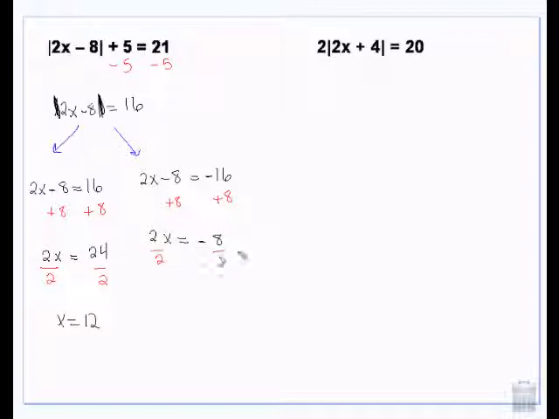Divide by 2, x equals negative 4. So you see I'm doing the same steps on both, but because of the difference here and here, I'm getting two different answers. Then you can just write the word or in between them.